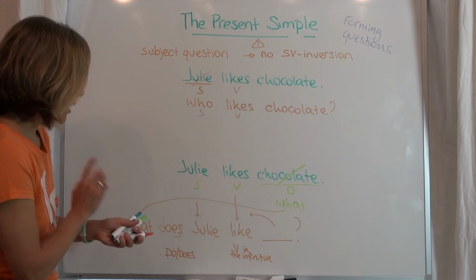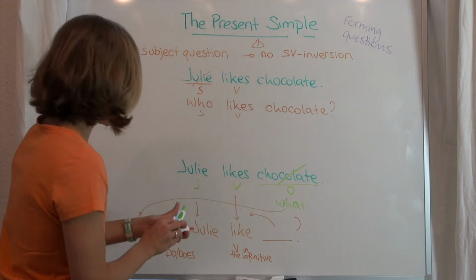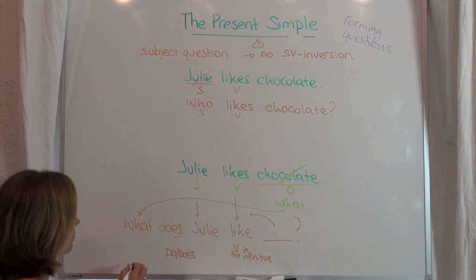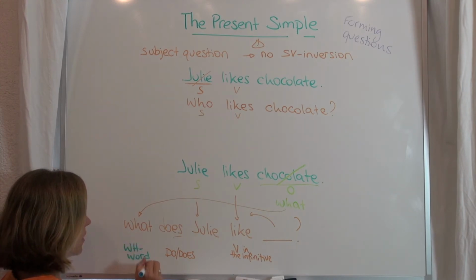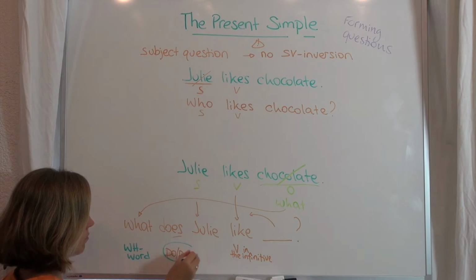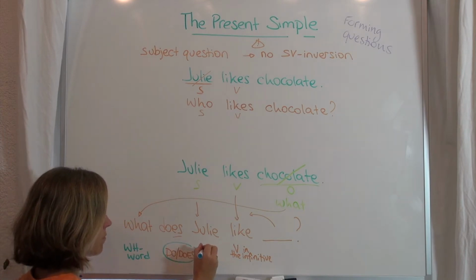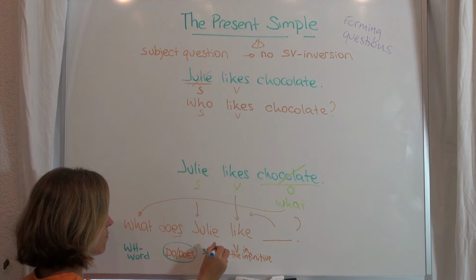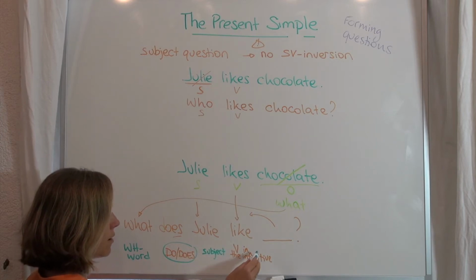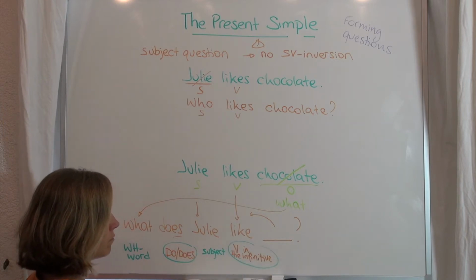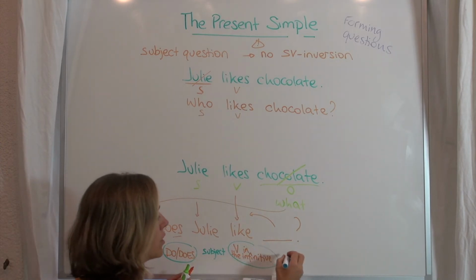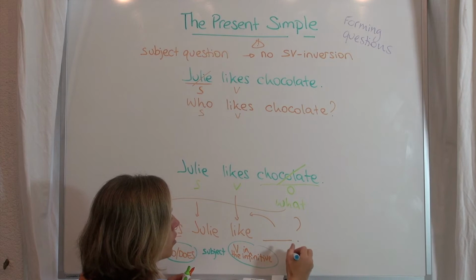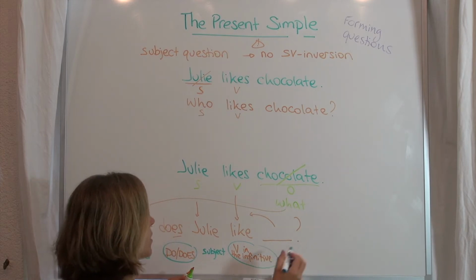Donc dans une question, on a toujours le même ordre. It's always the same order. We have what, so it's the WH word. Then we have do. Then we have the subject. Then we have the verb in the infinitive. The object is not there anymore, but eventually there's the rest of the sentence, if there's more.